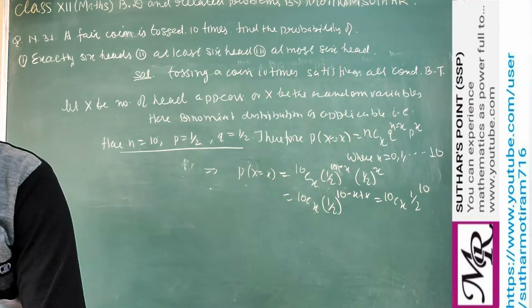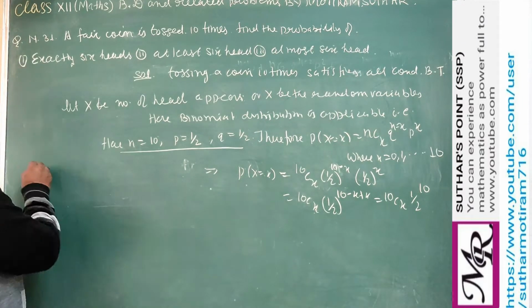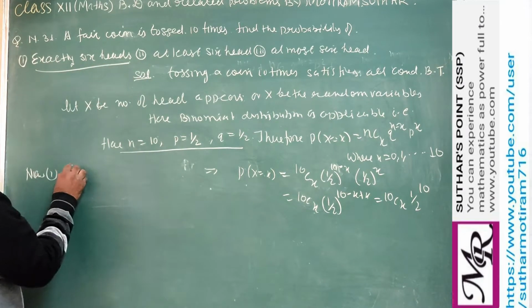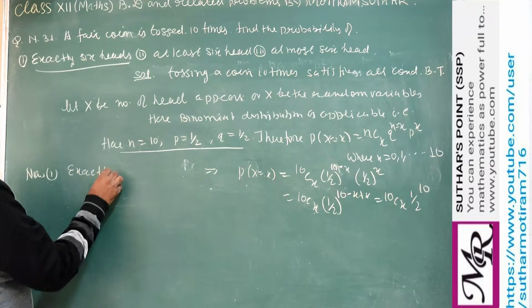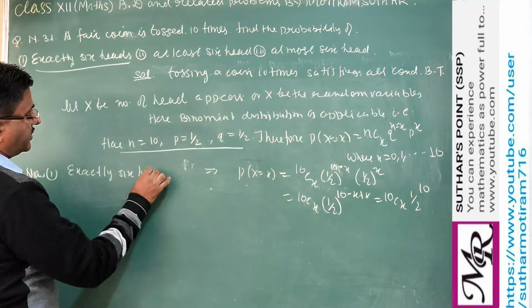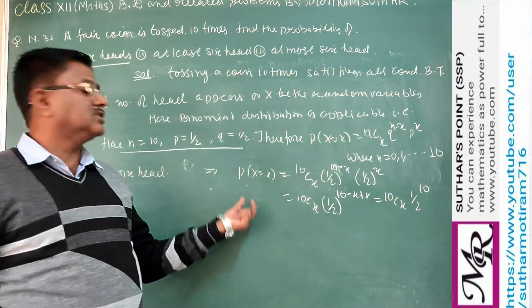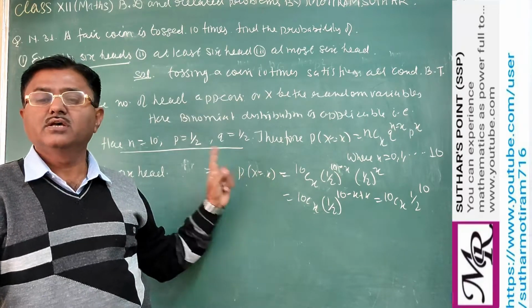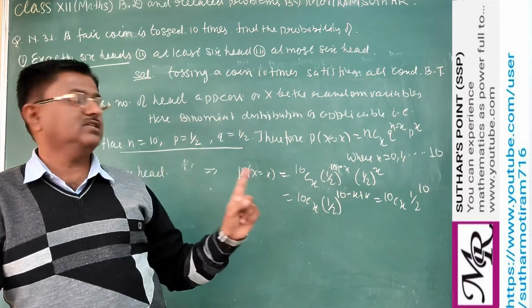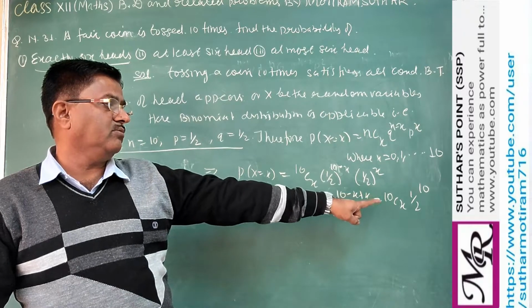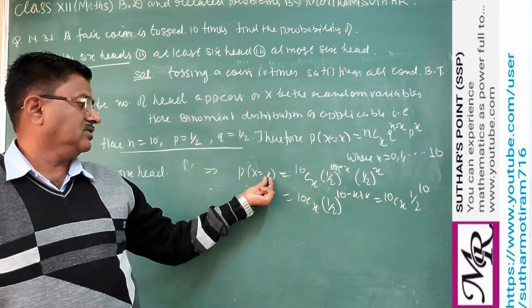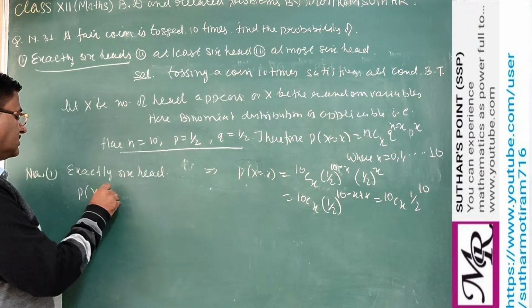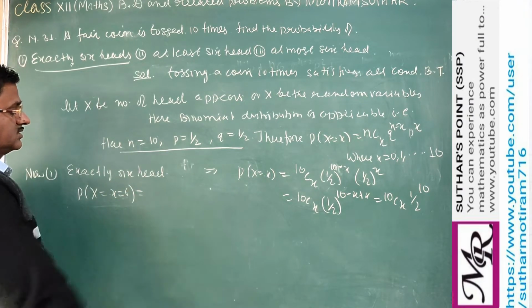Correct? So now what does the first part say? Exactly 6. So what is the probability of success of exactly 6? Here P(X = x), the probability of x successes, is given by 10Cx into 1 by 2 power 10. Exactly 6 means x equal to 6. So you have to find the probability of x equal to 6.